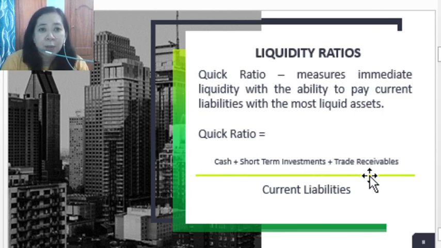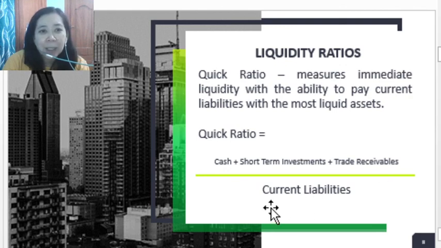However, inventories, prepaid expenses, and other non-cash current assets that take longer to be converted into cash are excluded from our analysis. Please take note of the numerator. This is the only thing that differs from the current ratio.